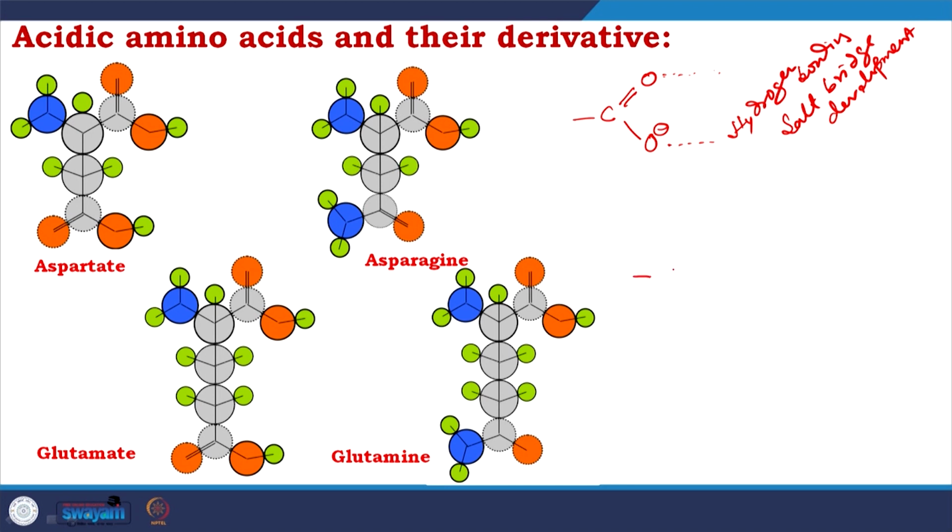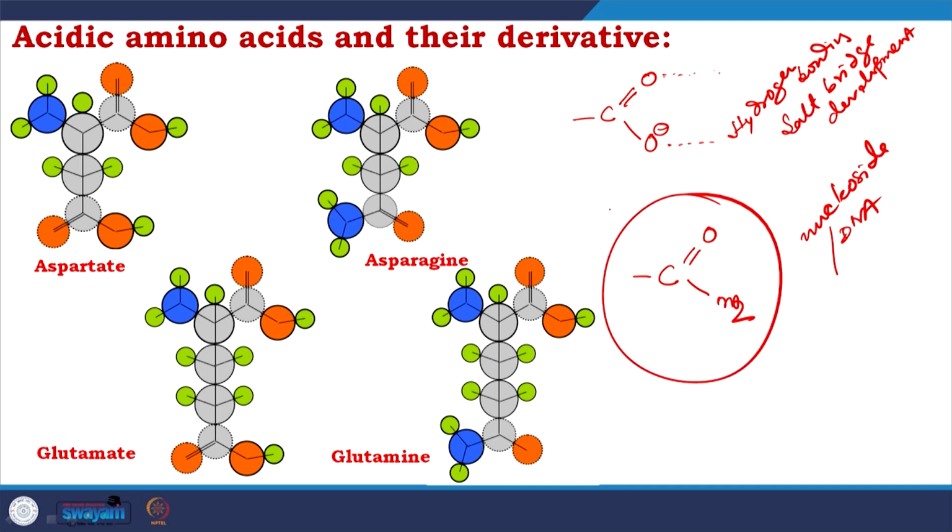But when it comes to asparagine or glutamine, it is even more interesting. They could act as both donor and acceptor, and that is why when there is a nucleoside or DNA base, you will see that there is an asparagine or glutamine in the active site developing interaction with the adenosine, guanosine, thymine, cytosine.